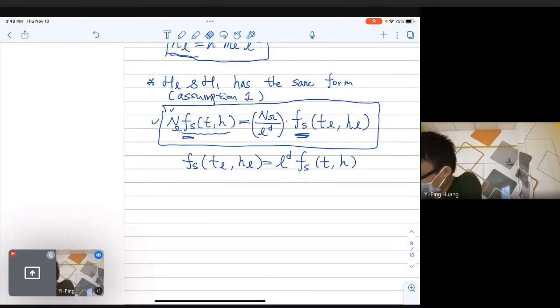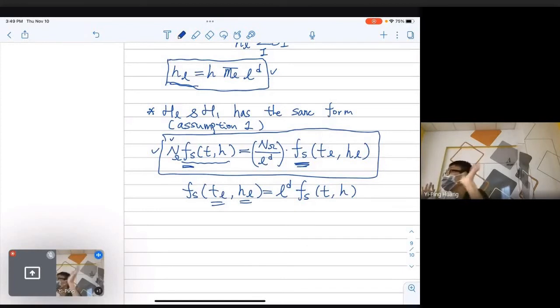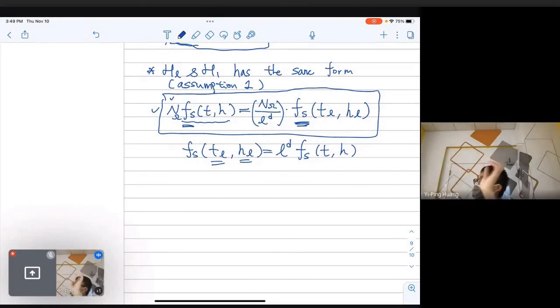And at this moment, we don't know how T_L and H_L change during the transformation. To some extent, we know how H_L transforms because it's relatively simple. It's right here. But we don't know how T_L transforms. But that doesn't matter. We will see why this important information will be argued away to some extent. Okay. So at this point, it is basically what we can get by taking assumption 1 given by Kadanoff.